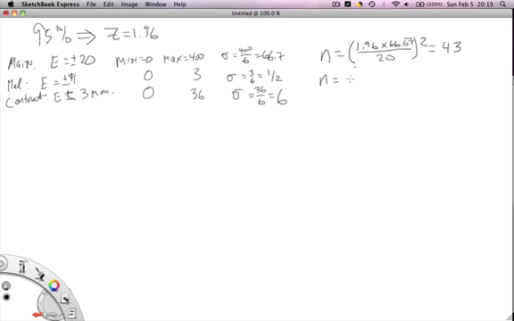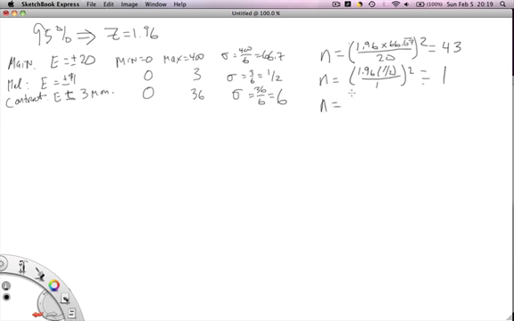For the second variable, it's going to be 1.96 times the standard deviation, which is 1/2, divided by the acceptable margin of error, which is 1, square the whole lot. You need a sample of 1.